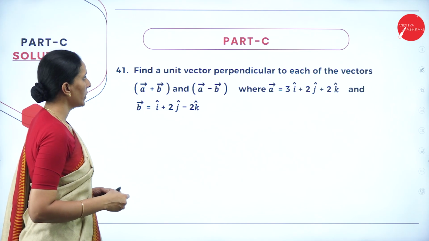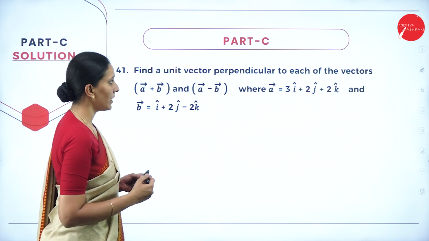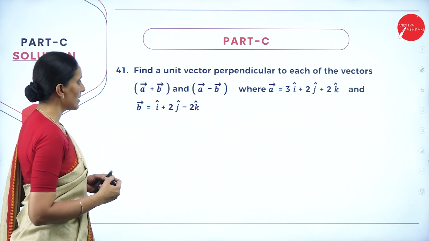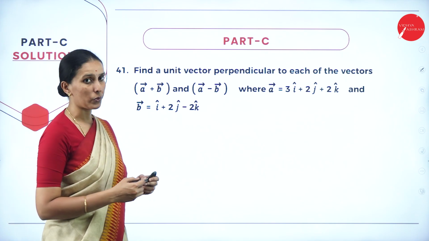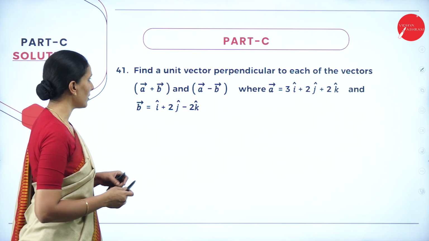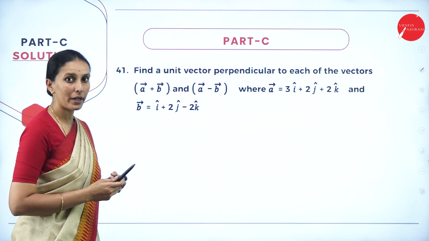Next, find a unit vector perpendicular to each of the vectors a plus b and a minus b, where vector a is 3i plus 2j plus 2k and b is i plus 2j minus 2k. So let us find the unit vector perpendicular to these vectors. So when we are finding the unit vectors, then it is always a vector divided by its magnitude.